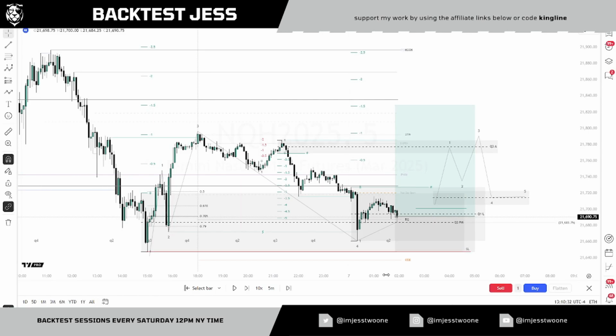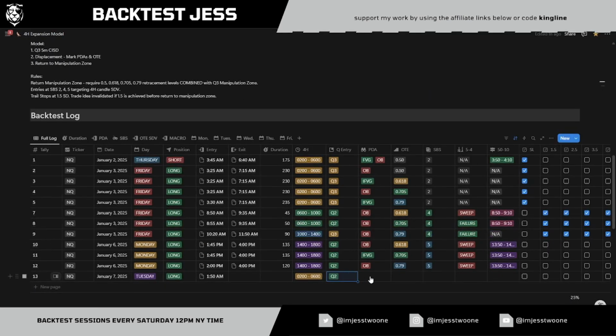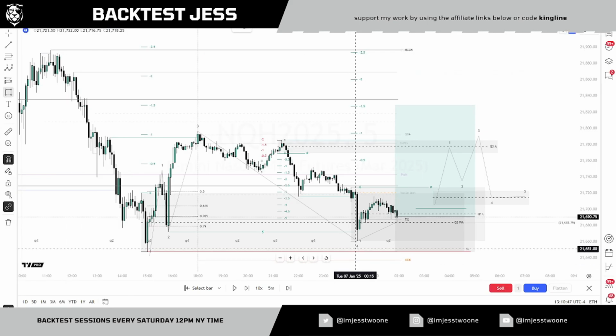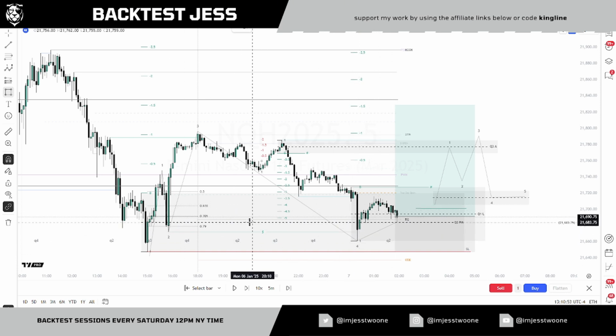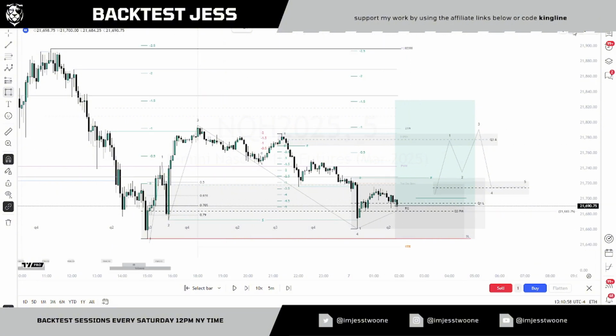The PD array would be this OB. Sorry, I keep pressing the wrong buttons. OB, and this would be from the 0.705 level because we can only enter after the sweep of 2 is confirmed. So the return to 0.705 within the macro is what we're looking for.